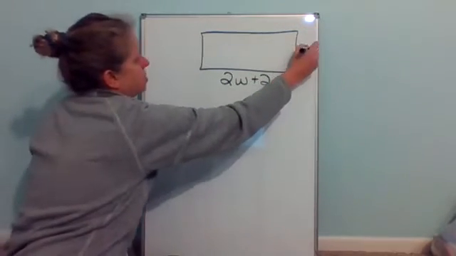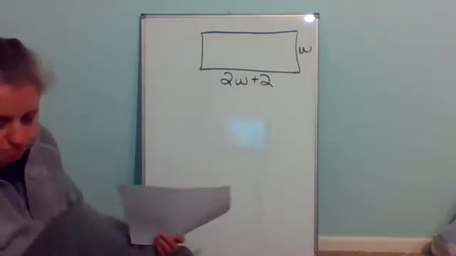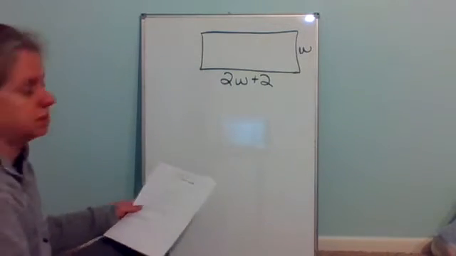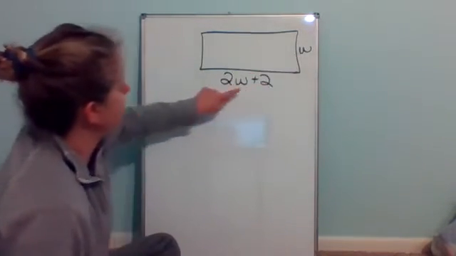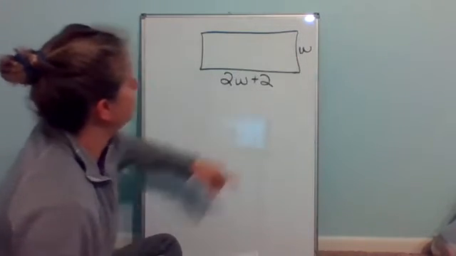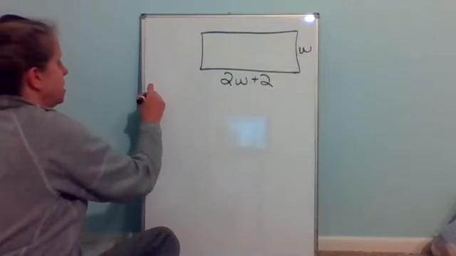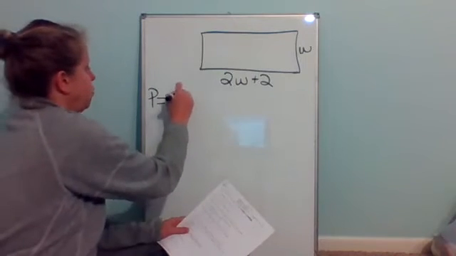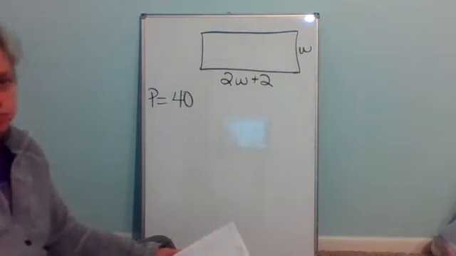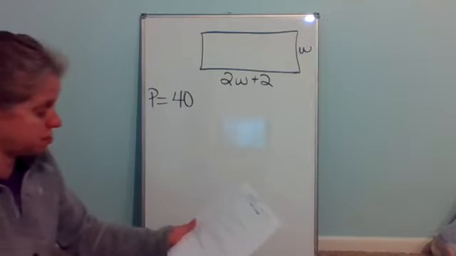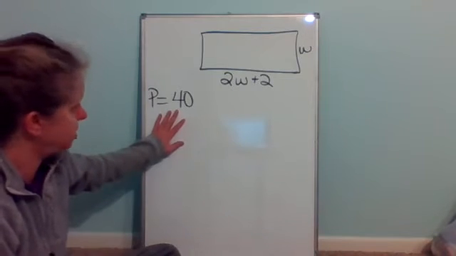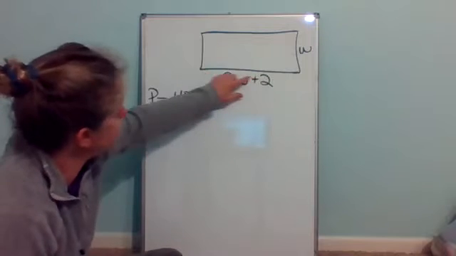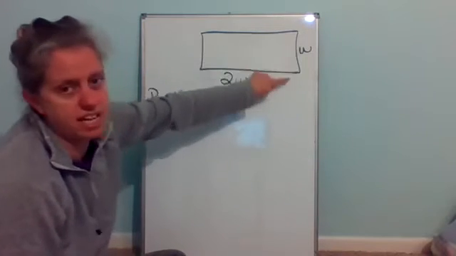This side of the rectangle is the width, and it's just w. So these right here are the length and the width. It tells me that the perimeter of this rectangle is 40 meters. So it wants me to find from this information what this side's length is and this side's width is.